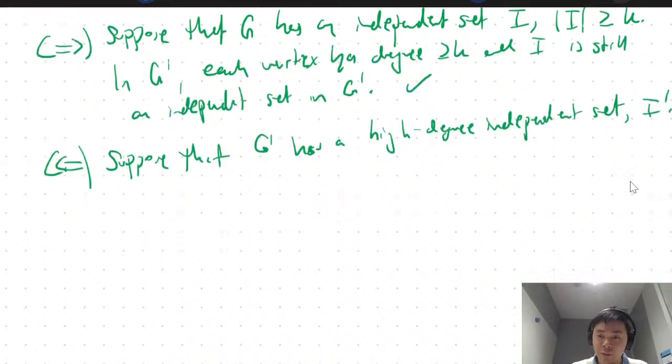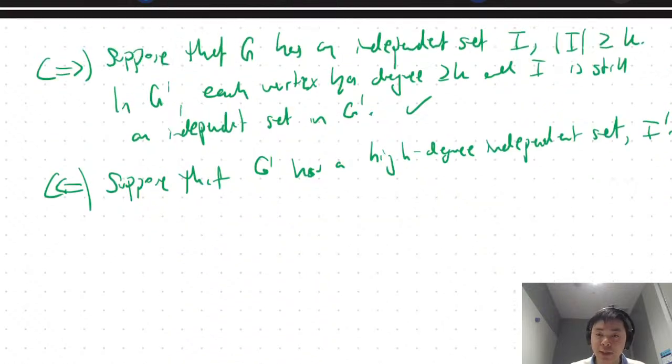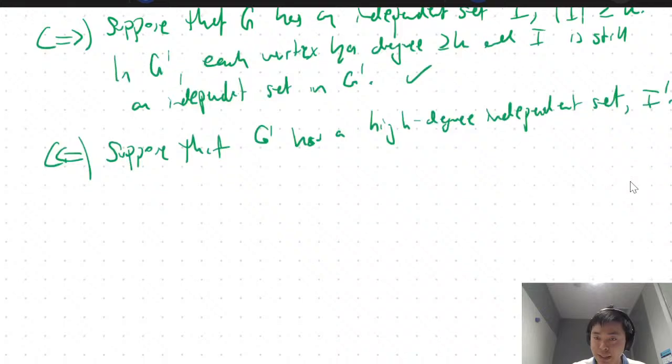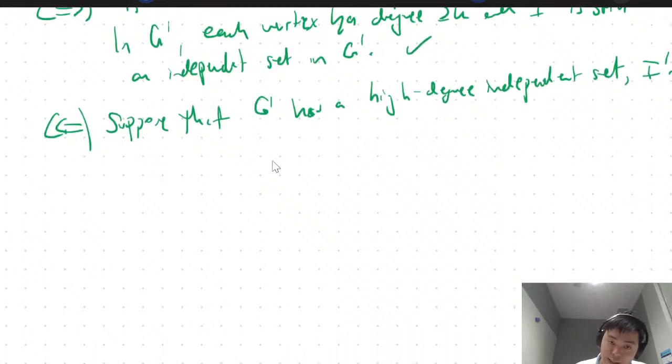Now, it's not as obvious as the forward direction why this would imply that the original graph has an independent set, because maybe some of the vertices that I pick don't come from G.